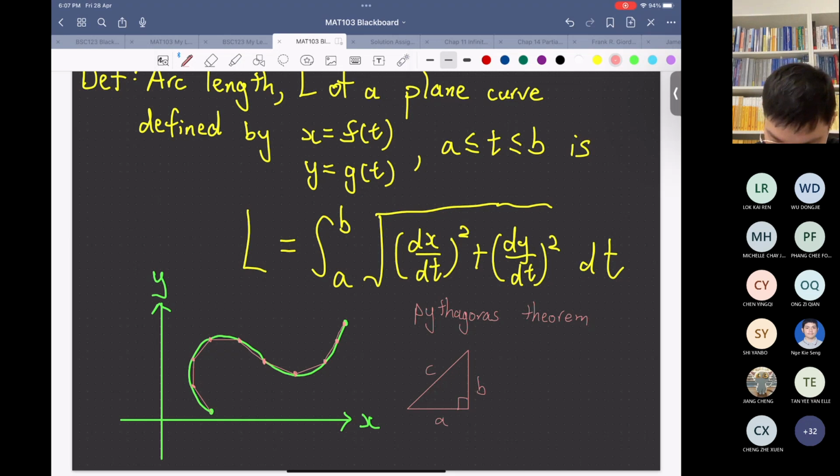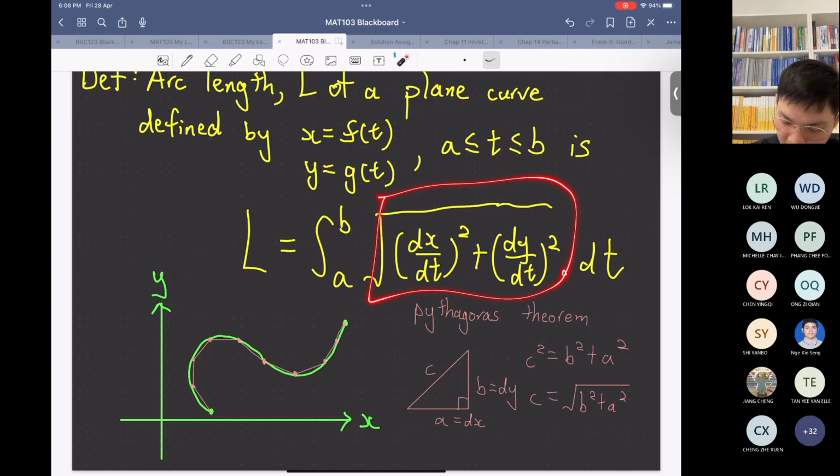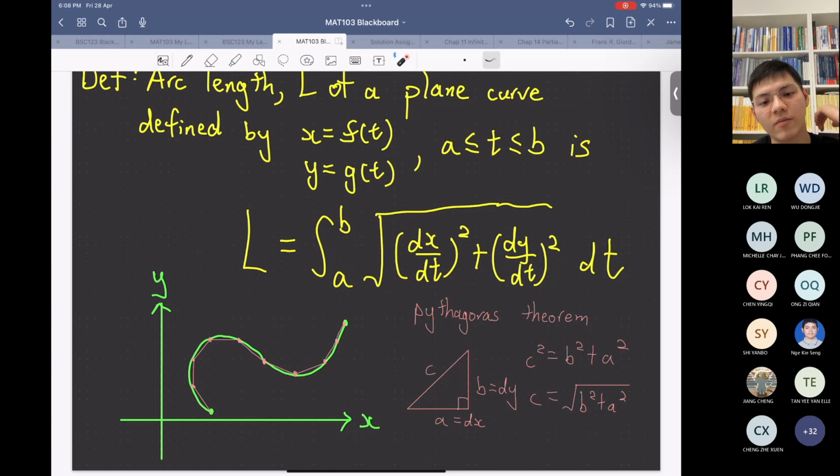So if you know the change of x and the change of y, you can compute the length of the hypotenuse. c squared equals a squared plus b squared, and c is just the square root of a squared plus b squared. So you can see that this square root is really similar to the Pythagoras theorem, but we have an integral here because we are taking some form of limit when dx and dy get small.